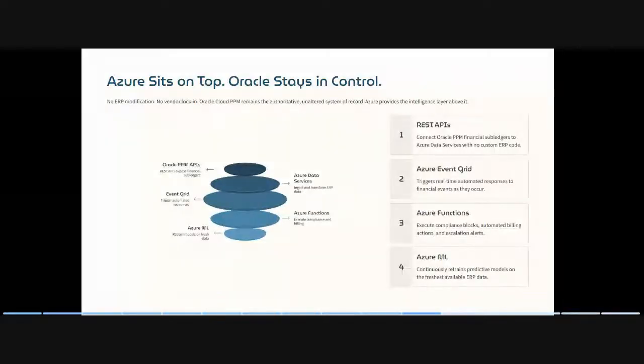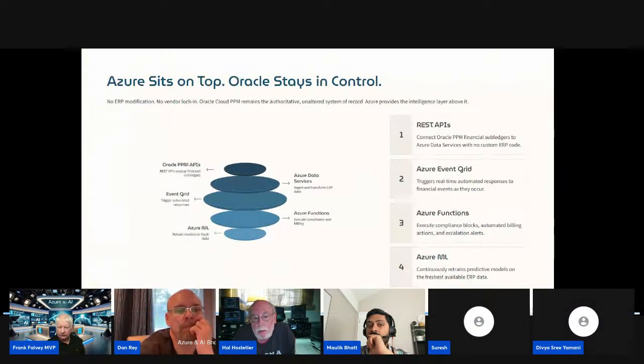But Azure connects through REST APIs, event grid functions, and then some machine learning services. This creates a scalable, future-ready intelligence layer above Oracle Cloud PPM. Maybe you have 5 use cases today, and you can increase that to another 6, 7, 8, like that. So that's the architecture. Moving on.